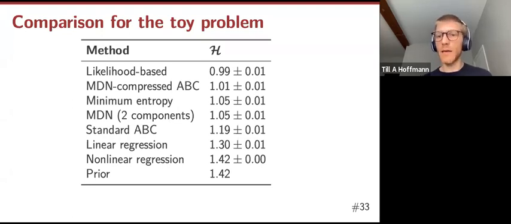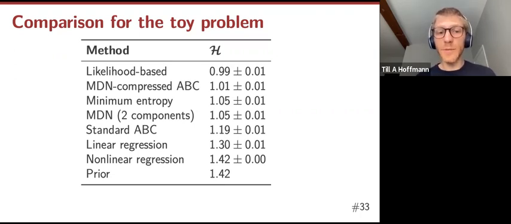So to unpack that, that is training the model of the density estimator, picking out the summary out of the middle, and then running ABC on it. Next, we've got the minimum entropy approach. That does reasonably well. And then we have the mixture density network, which is two components. Now, this doesn't do as well just because the capacity of the model isn't large enough.